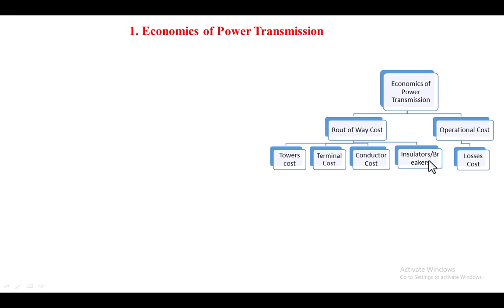But in case of a DC transmission system, it requires two conductors, but in case of AC transmission system, it requires three conductors. So in a HVDC system, the number of conductors will be decreasing. And one more thing is, these conductors are kept on the tower. So the strength of the towers also will decrease in case of a HVDC system compared to the AC transmission.